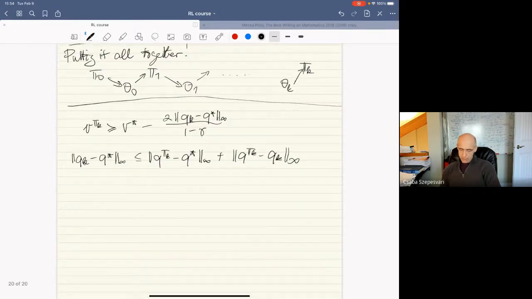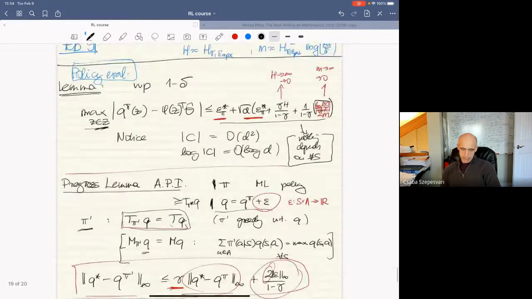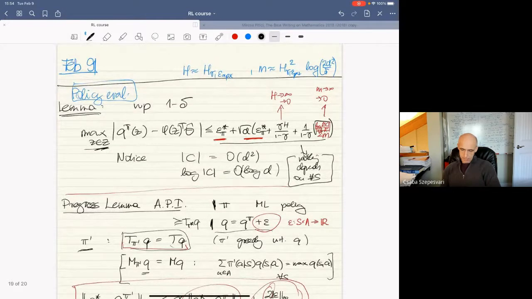So this can be bounded by the policy evaluation lemma, right? So with this lemma, if we choose h this big and m this big, then we can match all of these terms, and then all of these become the approximation error for the policy. So we have 1, 2, 3 of them, plus we have this square root, so it multiplies with square root d, and we have an extra.